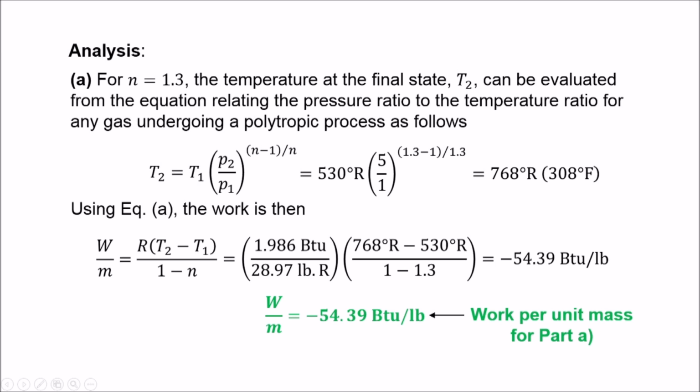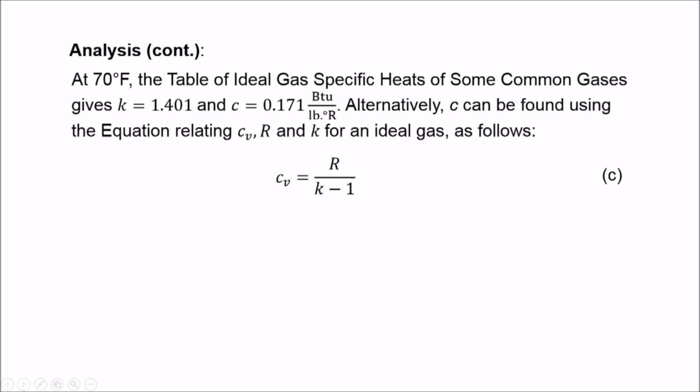equal to 1.3. At 70 degrees Fahrenheit, the table of ideal gas specific heats of some common gases, air in this case, gives K equal to 1.401 and C sub V equal to 0.171 BTU per pound degree Rankine. Alternatively, C sub V can be found using the equation relating C sub V, R, and K for an ideal gas, which gives us C sub V equals R divided by K minus 1.